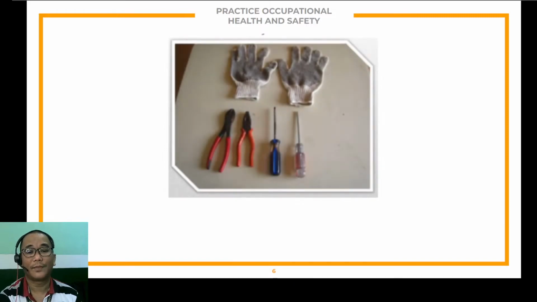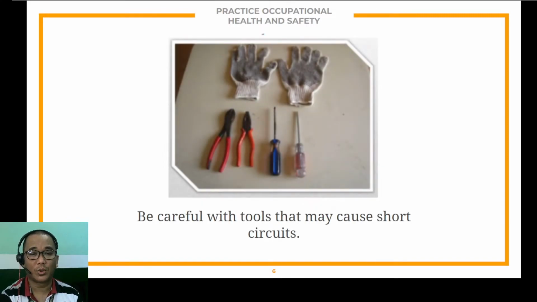The next one, be careful with tools that may cause short circuit. So always be aware of how to properly handle every tool that you are going to use. And to be sure, always use proper PPE when using these tools, especially when working with electricity.